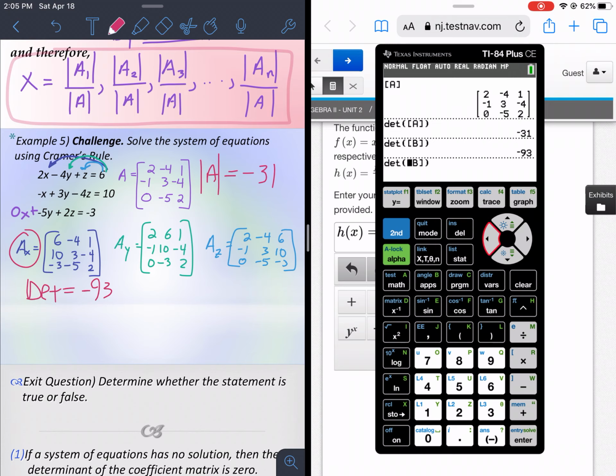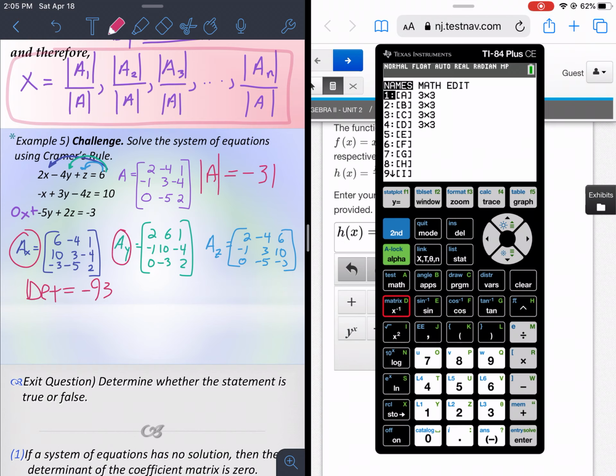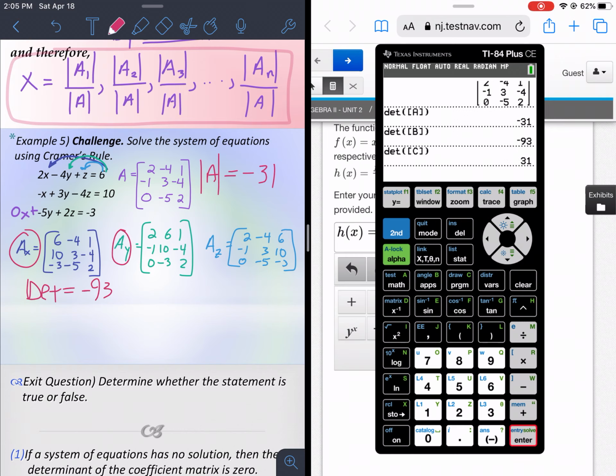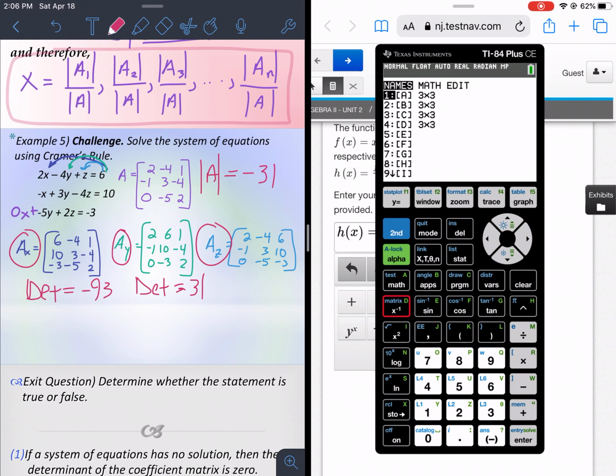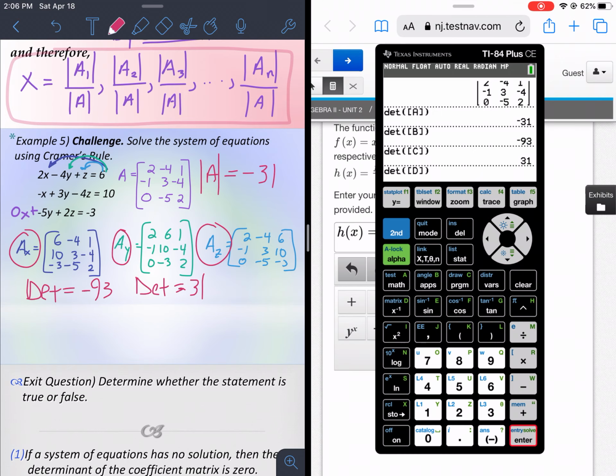Let's next find the determinant of AY, which in my calculator is matrix C. Next one. My Z matrix is in the calculator as matrix D. That's the majority of the graphing calculator work.